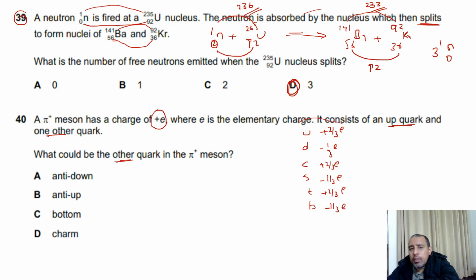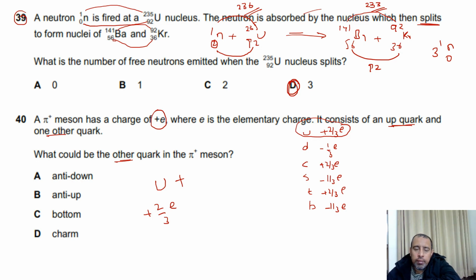So one charge is known, that is up, and its charge value is plus 2 by 3e. The other quark is required to be added over here. If we add it with minus 1 by 3, the answer will not be correct, and if we add with 2 by 3, the answer will not be either.